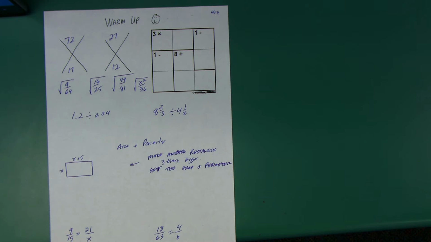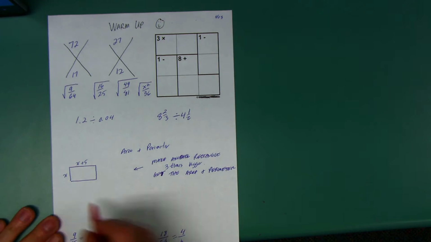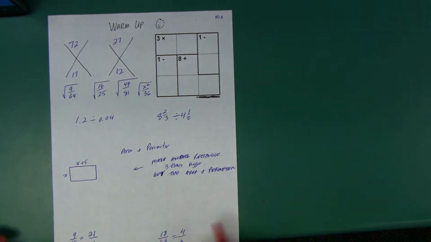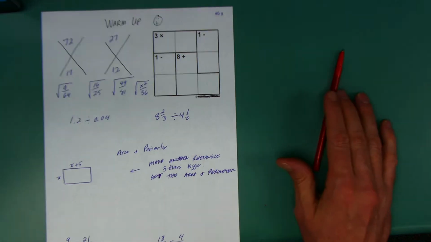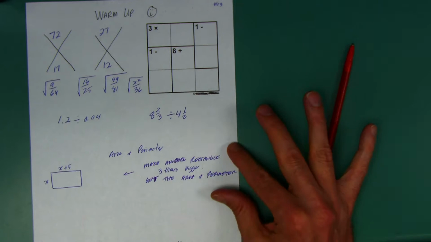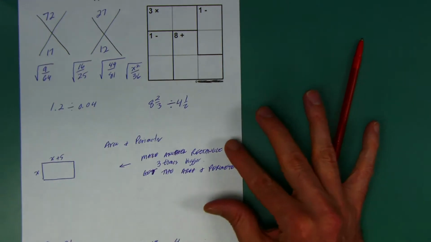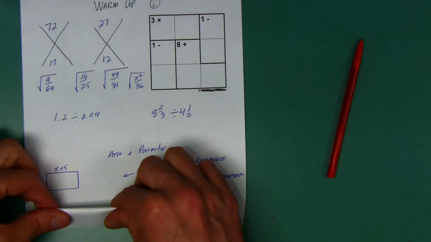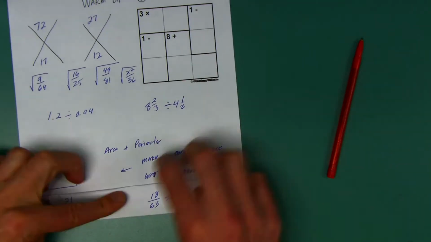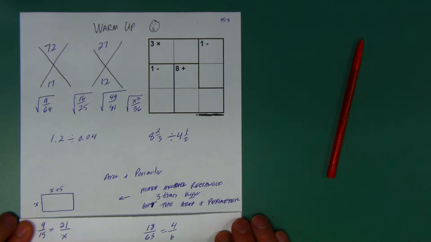You know the drill. Okay, I'll zoom into this and you can copy down everything but these last two problems. In fact, maybe I'll fold it up a little bit. It's going to say warm up there. You should be able to copy everything down. There we go.